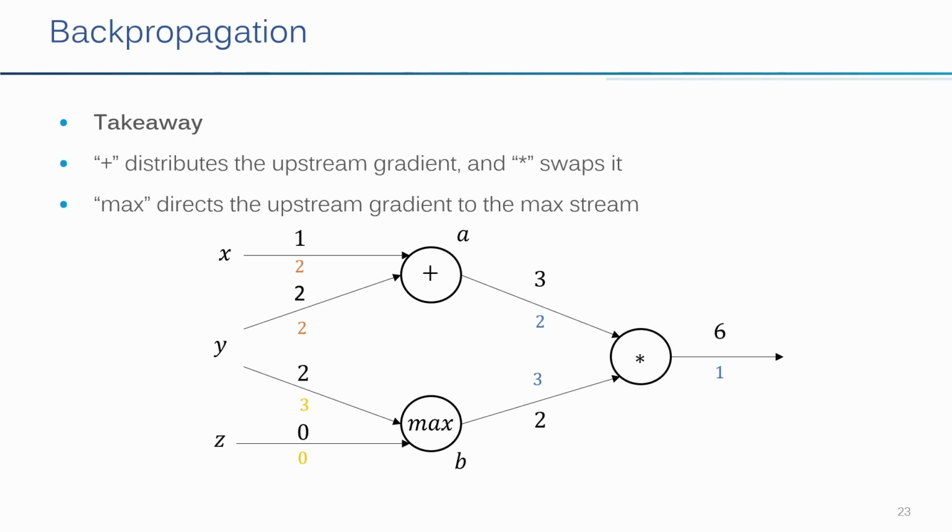And then the max takes whatever upstream you have and directs that magnitude to whichever value is the max in that input. In this case, since the max is 2, whatever we receive from our upstream gradient will be directed here in our downstream one. All right?